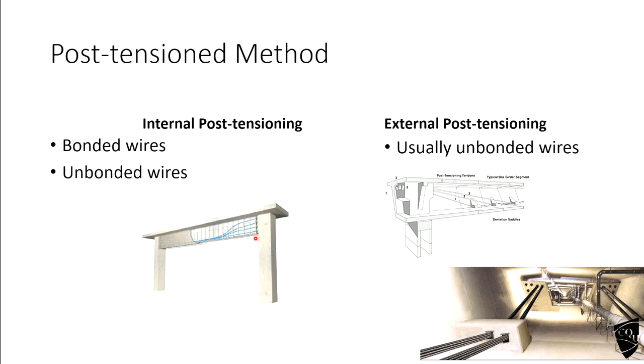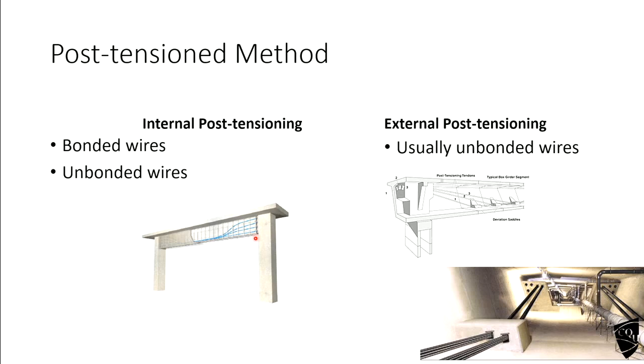So why do we need external post tensioning with unbonded wires if it is so complex? Unbonded wires have an advantage over bonded wires, because if it is unbonded, you may be able to re-tension the wire again after maybe 5 years. You might be able to tighten the wires a little bit because it's not bonded.